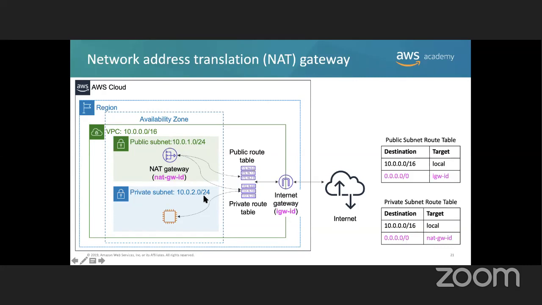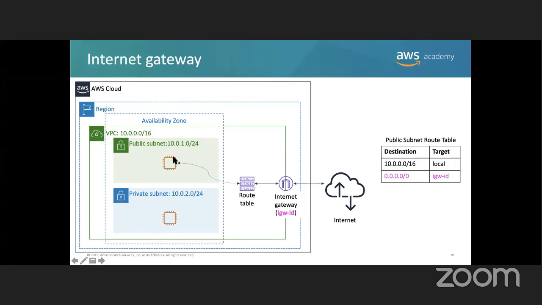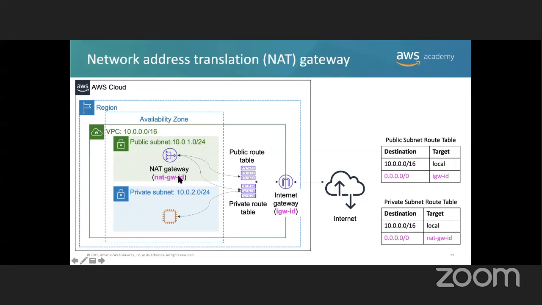So we have this private subnet, and then this NAT gateway here, with this NAT gateway ID. The NAT gateway will let this instance connect to the internet.